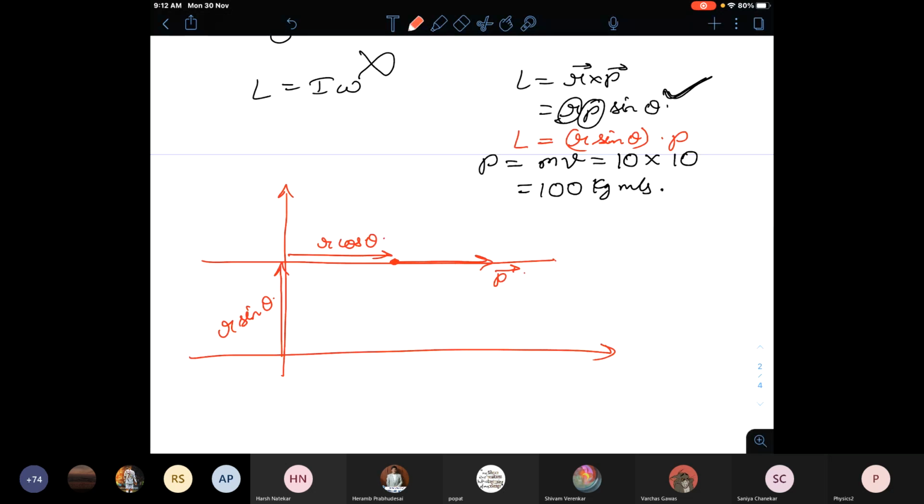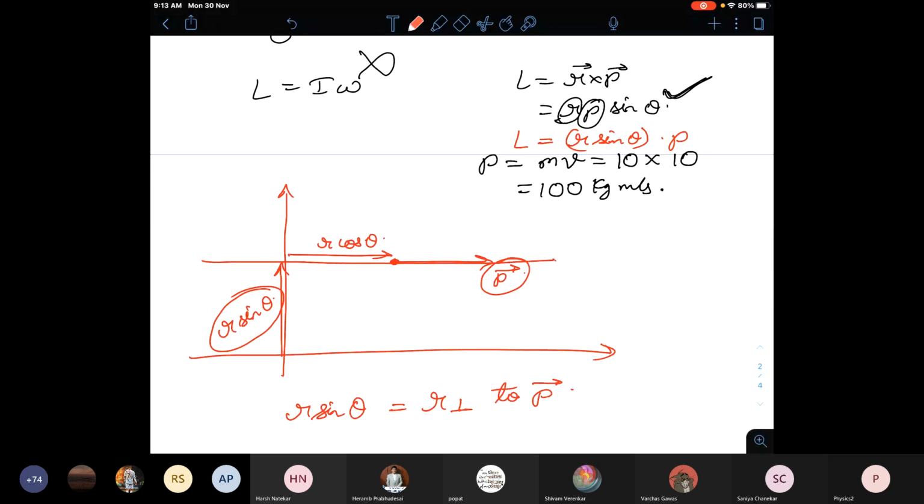Angular momentum is basically the product of r sine theta into momentum. So what is r sine theta? R sine theta is the component of radius perpendicular to the momentum vector.